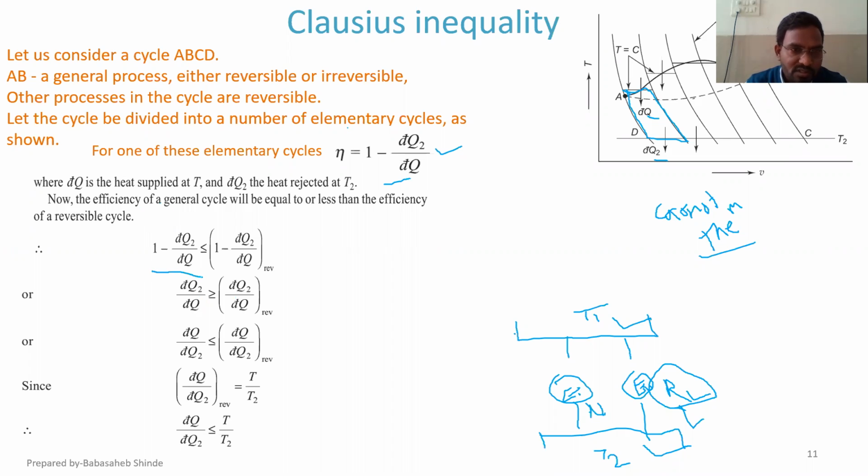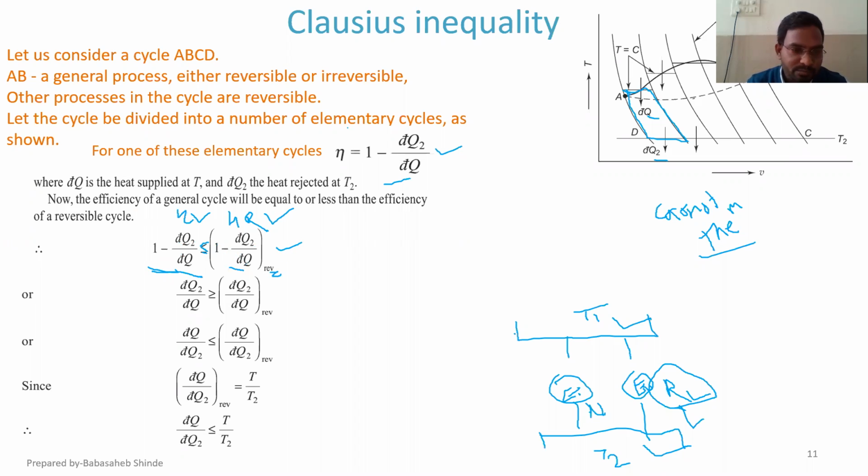Suppose this is a general cycle and this is a reversible cycle. So N for normal cycle, NR for reversible cycle. We know that the efficiency of a reversible cycle is always greater than or equal to that of a normal cycle. It is not going to be less than the actual cycle.